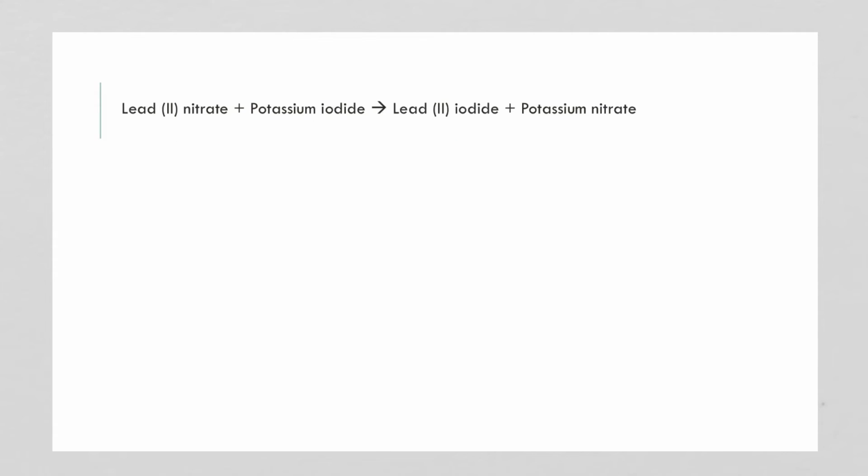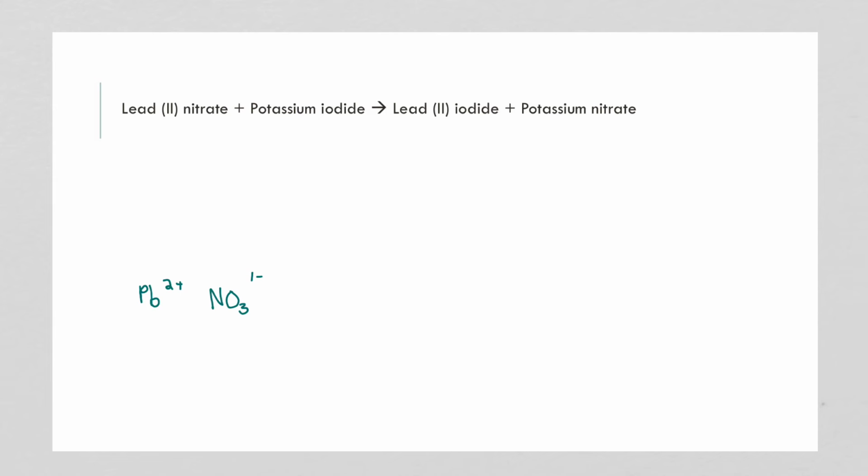This next one is a little bit more tricky because we're working with polyatomic ions and 2 sets of compounds, but we can still do it. So lead 2 nitrate. Lead is Pb, and it's telling us that it has a charge of plus 2. Nitrate is a polyatomic ion, NO3, with a -1 charge.